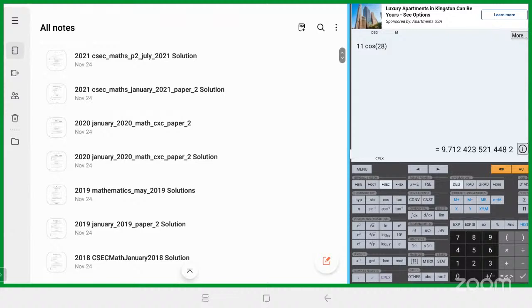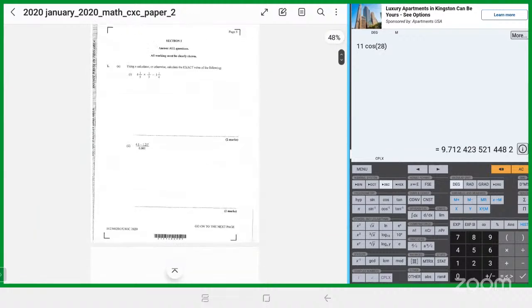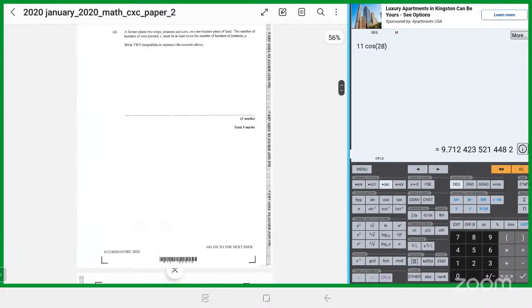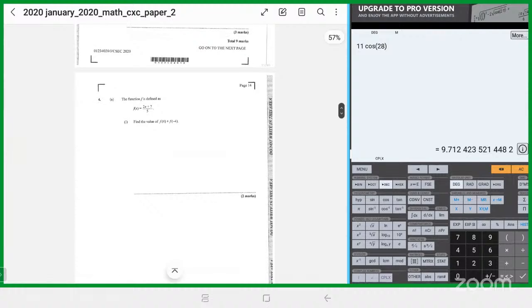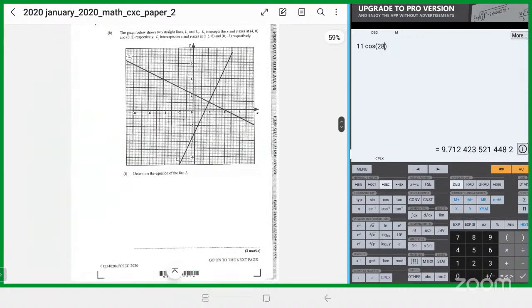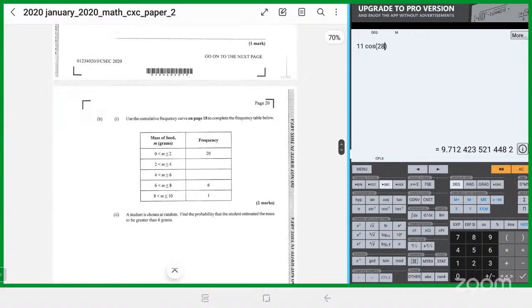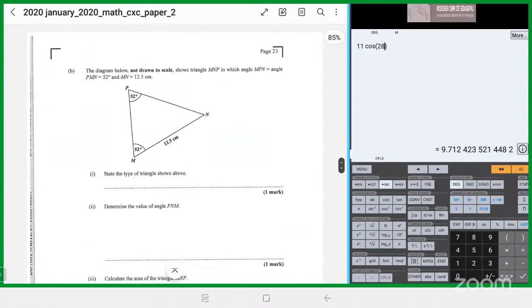There you go. Number 6 or something. 5, 6. All right, I gave you this one, I think.